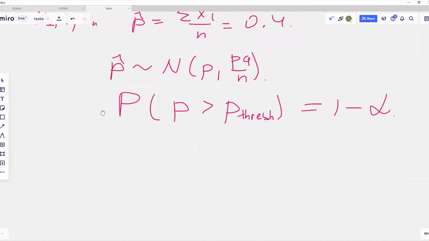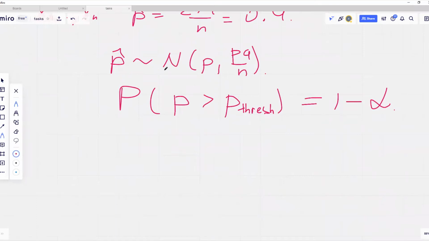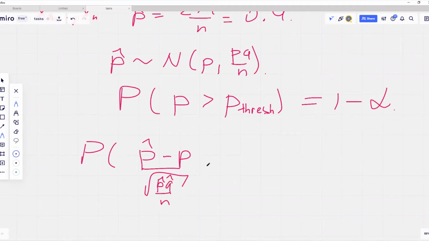Okay, then by definition of a normal distribution, probability that P hat is less than, let's say, Z. Let's standardize first. P hat minus P over root of P hat Q hat over n, so we are switching PQ with P hat Q hat, is less or equal than some critical value Z 1 minus alpha.